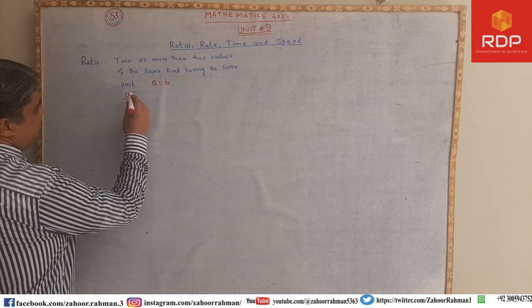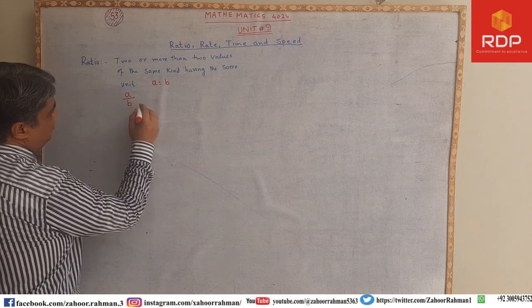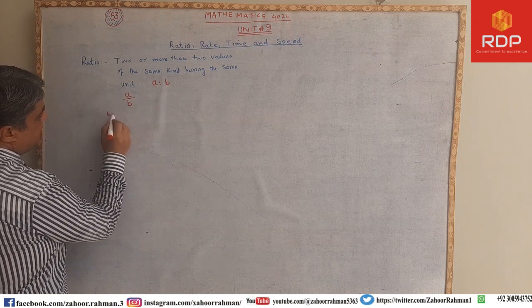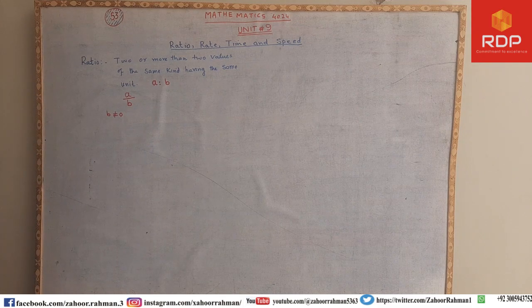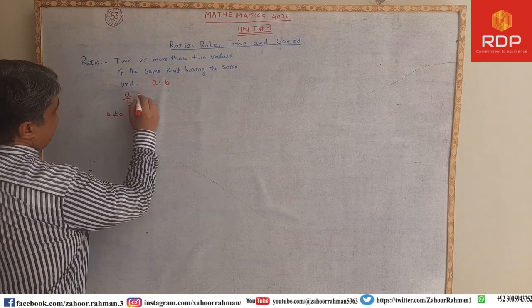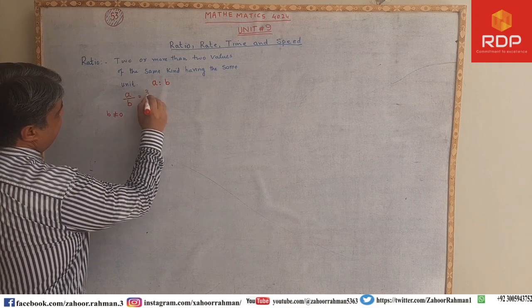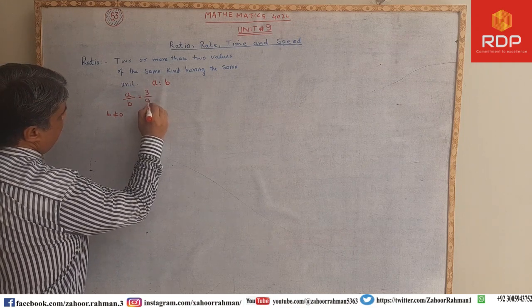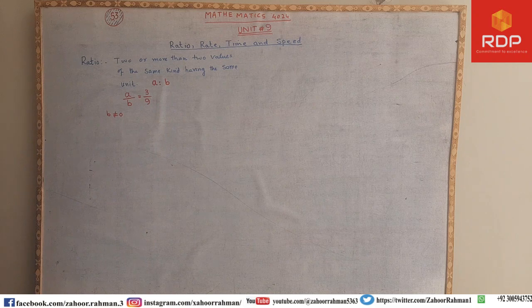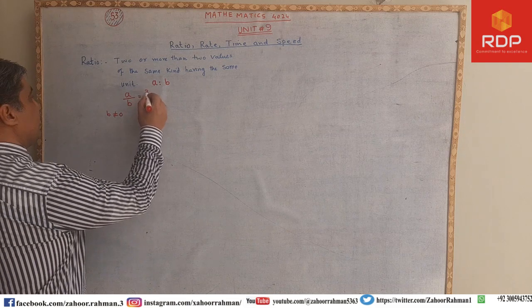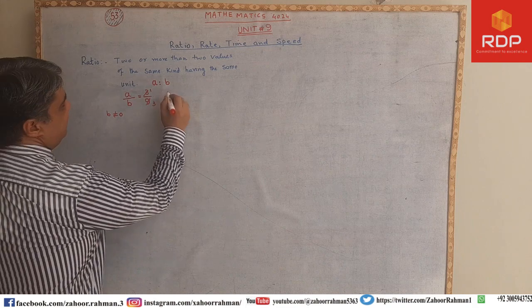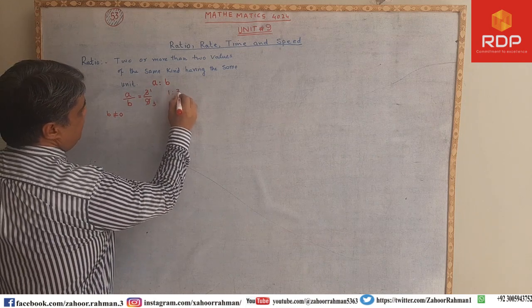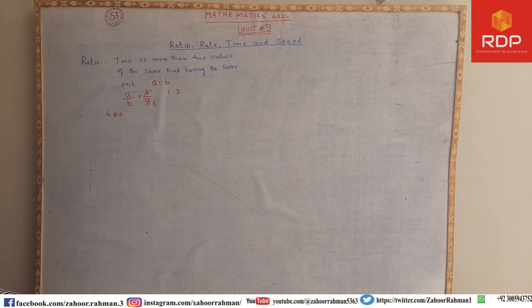You know that this is ratio, but B will not be equal to 0. For example, we are saying 3 ratio 9 means 1 over 3, and we can write this 1 over 3 as 1 ratio 3 as well.